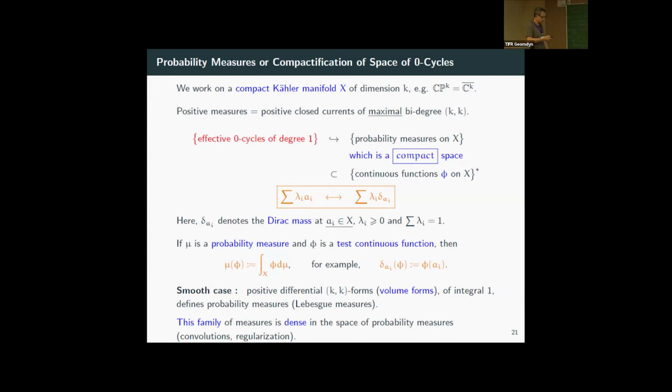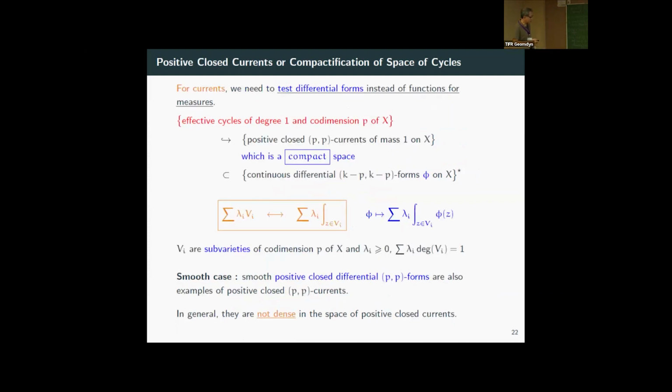Okay, so this is a picture for probability measure. So let me go to the currents now. It's not a formal definition, but it's a quick introduction. So for currents, you just replace function by differential form. So instead of using function, you use a differential form, and then you have currents.